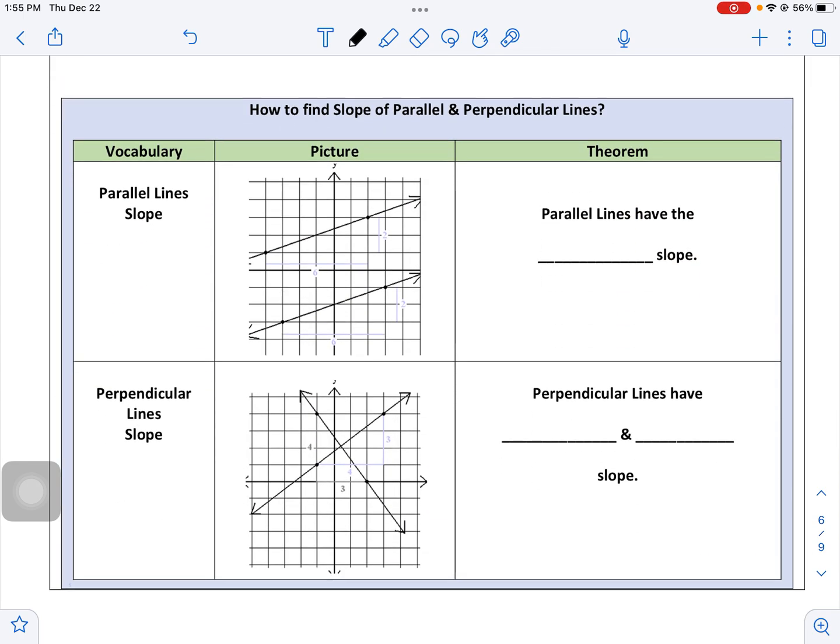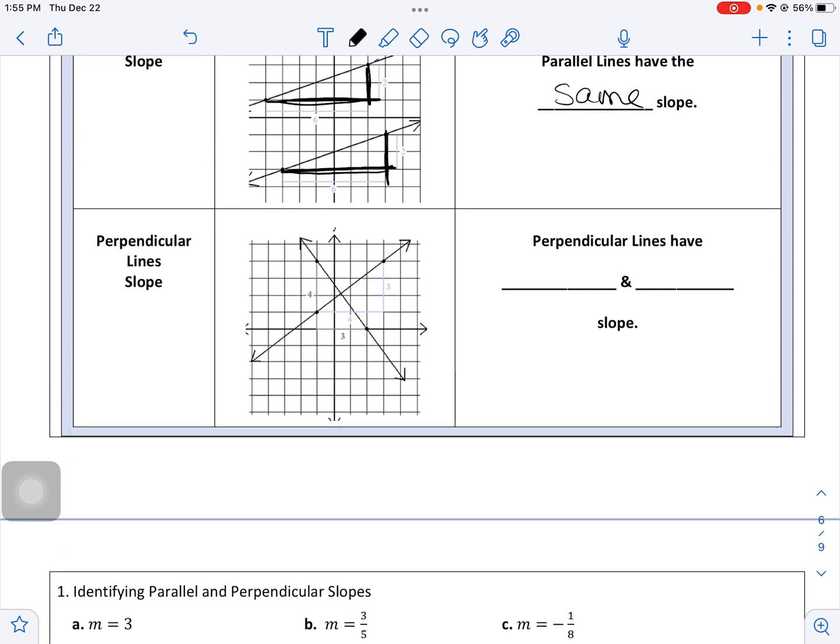So now we're going to talk a little bit about parallel and perpendicular slopes. So parallel slopes, you can see right here, they're parallel lines. Well, the slopes of the parallel lines are always going to be the same. And you can see it on here. So going up and down is 2, and left, right is 6. Down 2, left 6. They're the same.